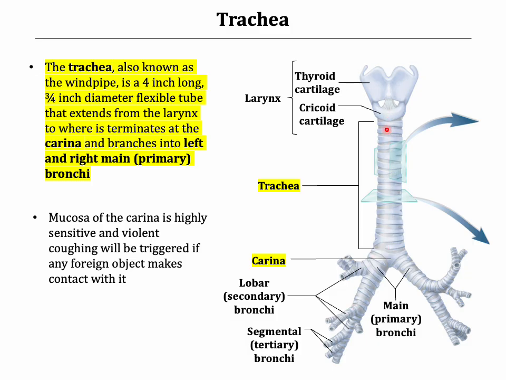The mucosa lining the lumen of our trachea is very sensitive to any particles that may get in that area. It's going to cause violent coughing if something does make its way down, right? So if you get into a severe coughing fit due to something passing down in here, your body is working really, really hard to get that out and make sure it does not get down further into the lungs.